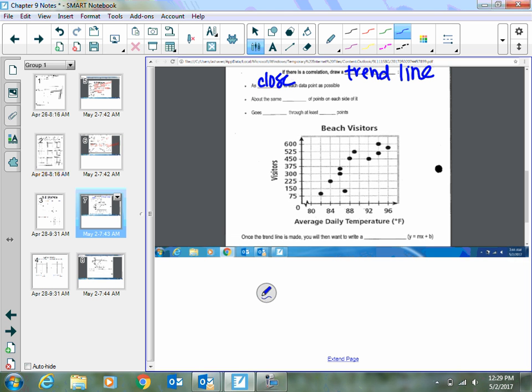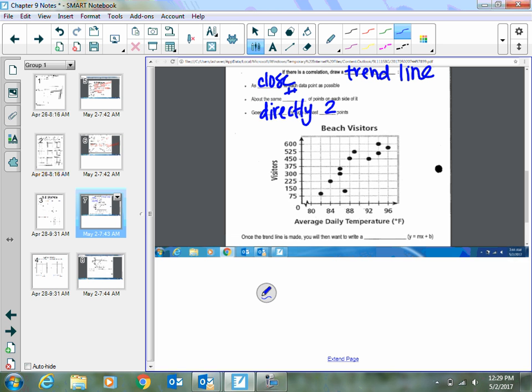Second, it needs about the same number of points on each side of it. Doesn't have to be exactly, but you don't want 10 below it and only 1 above it. That's not a good trend line. Third thing, it needs to go directly through at least 2 points. At least. If it goes through more than that, that's great, but you definitely want it to go through at least 2.